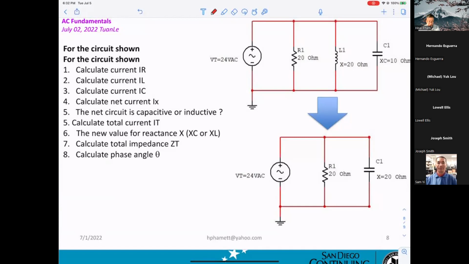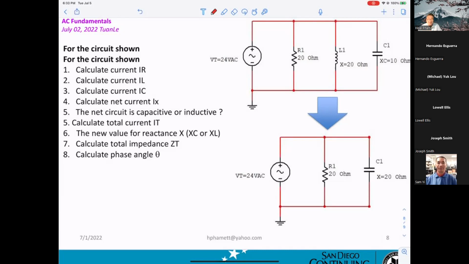Okay, any question? If not, okay, make sure you download the complex number handout. Reading first. Then maybe it will help you to understand more easily.